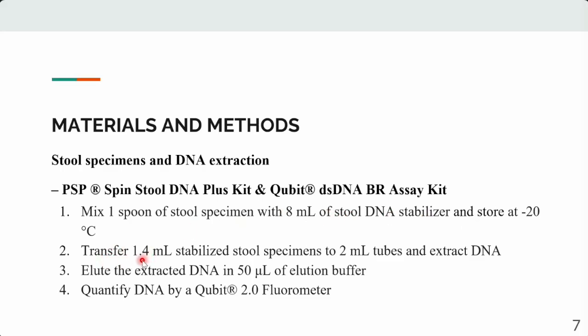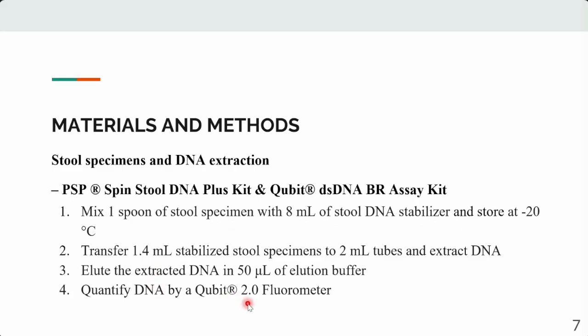Next, 1.4 milliliters of stool specimen was transferred to a tube to be extracted. Third, the extracted DNA was eluted in 50 microliters of elution buffer. And the last step is using a fluorometer to quantify DNA.